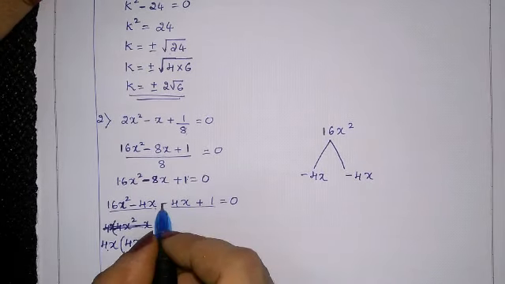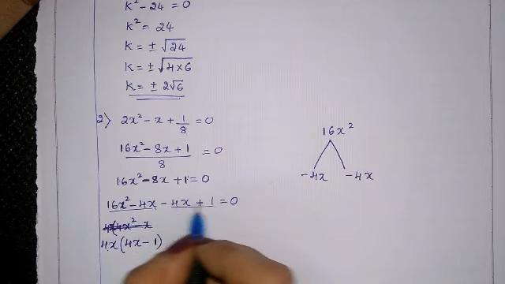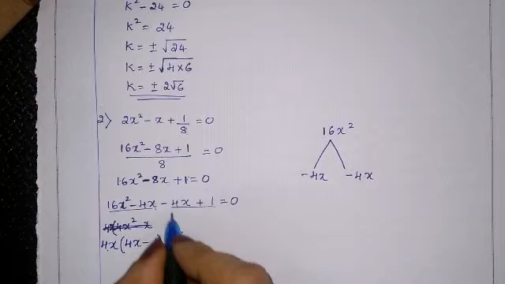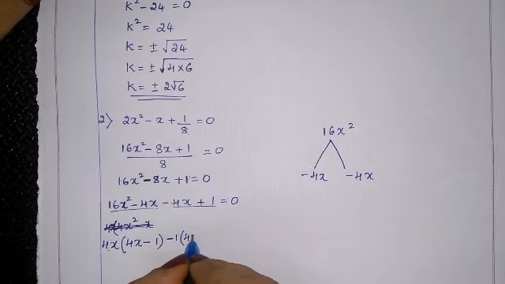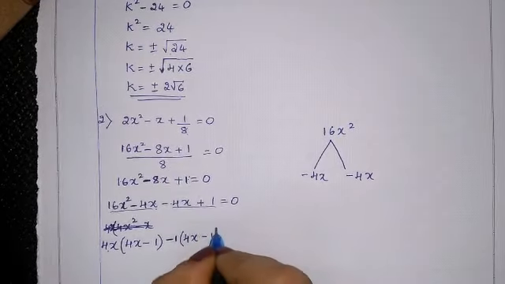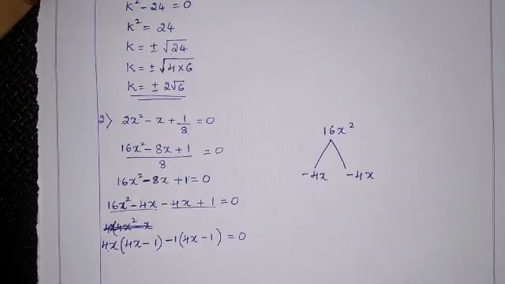Here we can see nothing is common, so minus 1 we will take as common. Minus 1 I have taken common, minus becomes plus 4x, I have taken minus common here, so minus 1 is equals to 0.